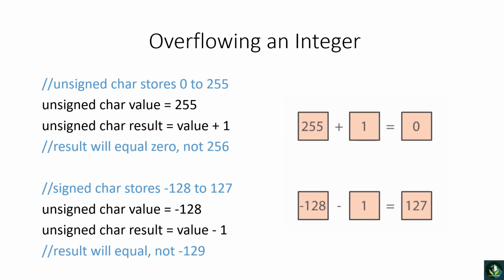The result will be 127, not negative 129, because the assignment of a value too small for the result variable to store causes an integer overflow. So as you can see, the odometer goes all the way back to all 9s in a wild flip.